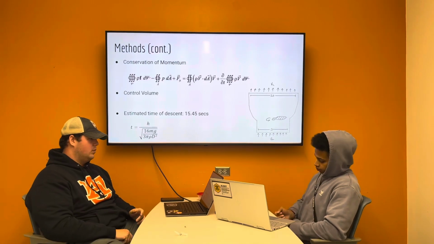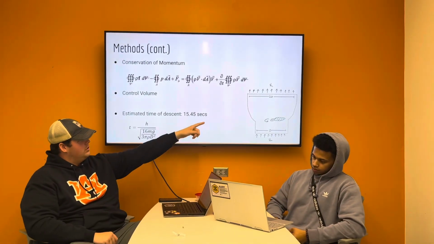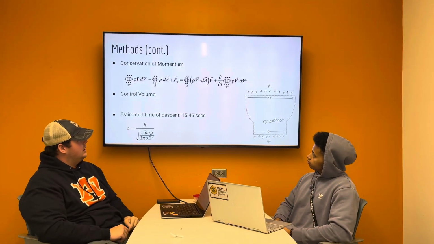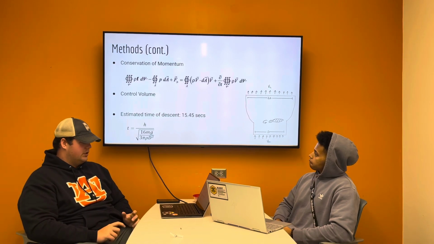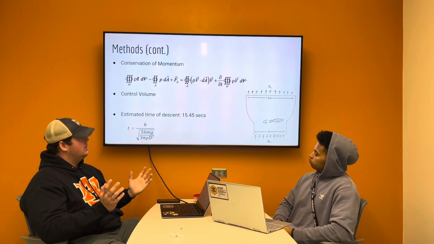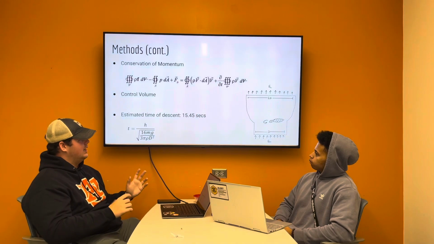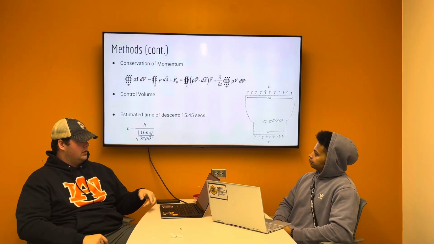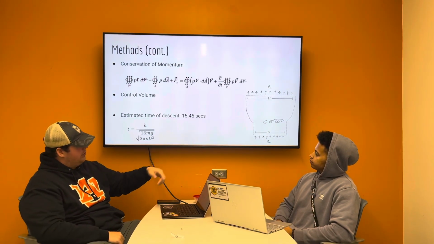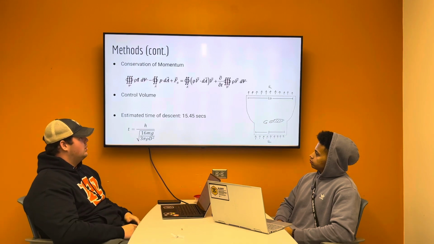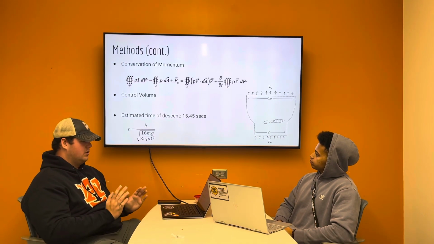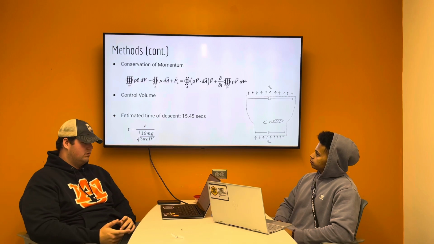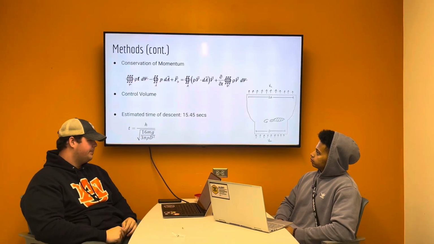And then we used our control volume, as you can see there, to perform the analysis. We assumed that the wake of the seed was about twice the diameter, and we said the incoming area was just the area of the diameter of the seed when it was spinning.